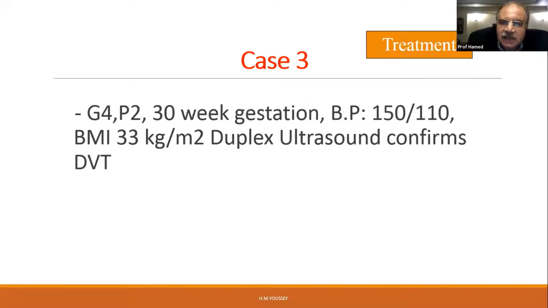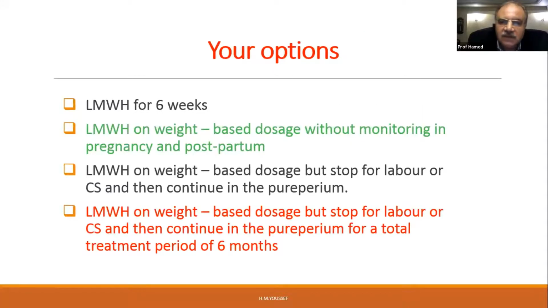Case number 3: you have a patient gravida 4 para 2, 30 weeks gestation, blood pressure 150/100, body mass index 33, and the duplex ultrasound confirmed the presence of DVT. What's your recommendation?